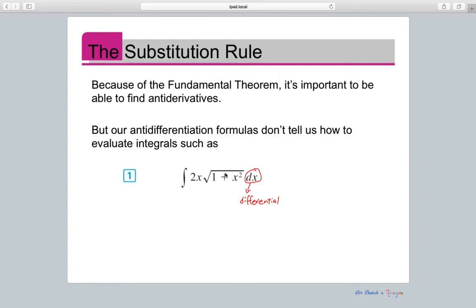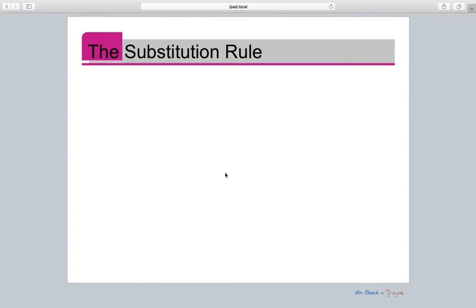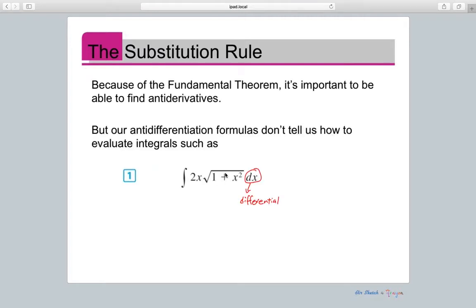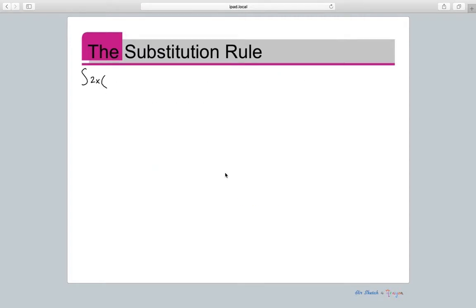So I'm going to write this integral on the next page. So it was the integral. What do we have? The integral of 2x times the quantity 1 plus x squared dx.